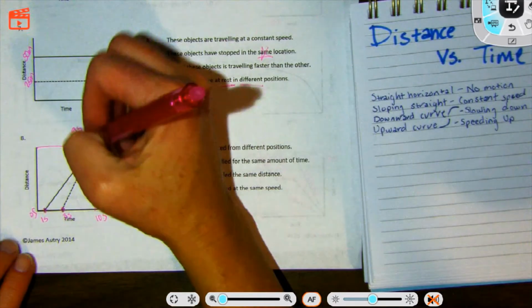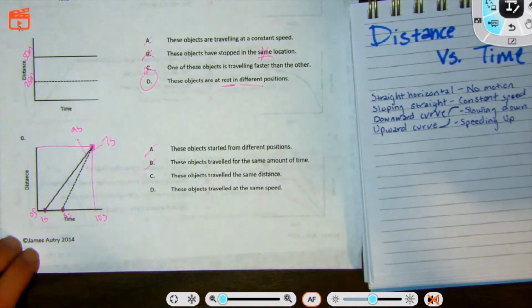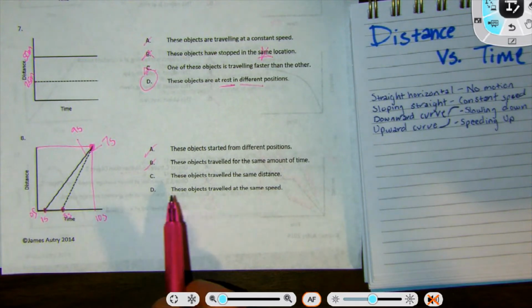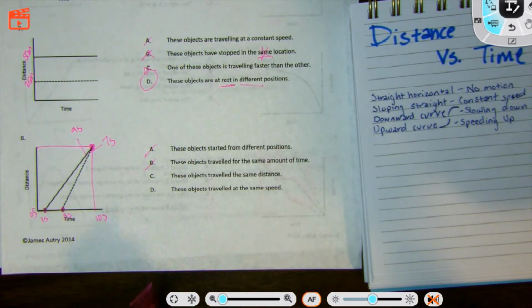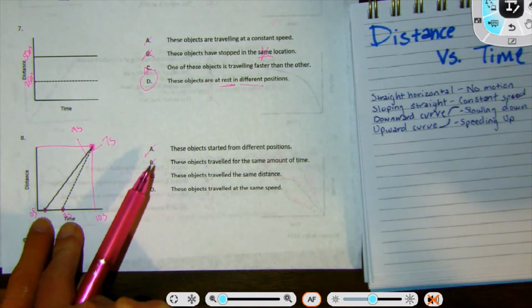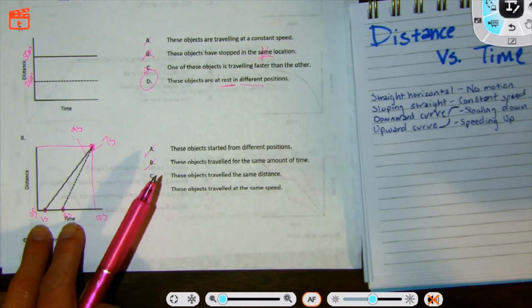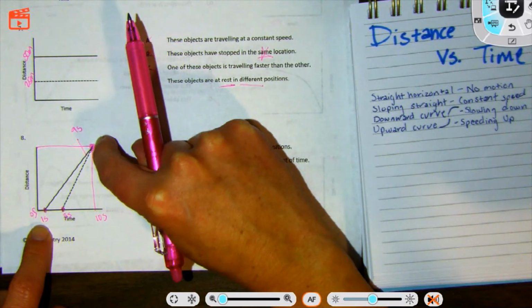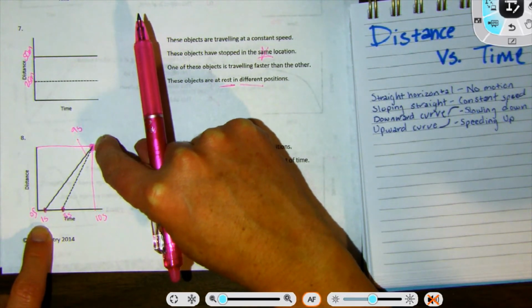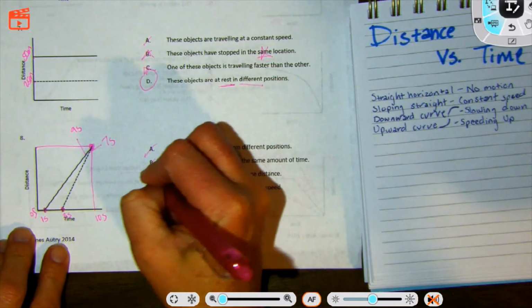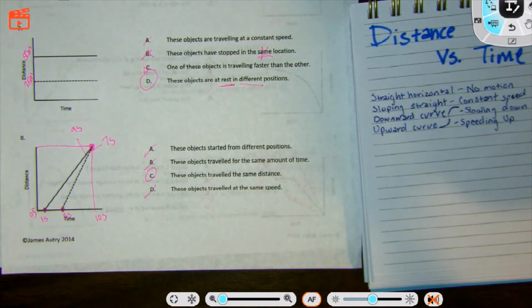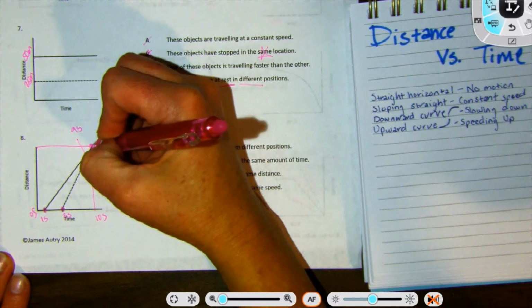That seems to be legit. These objects traveled at the same speed. How would you have one starting at 1 second, one starting at 3 seconds, both of them end up at the same distance at the same time? Not true. So, boom. They traveled the same distance because we can see this spot. Put it right over there.